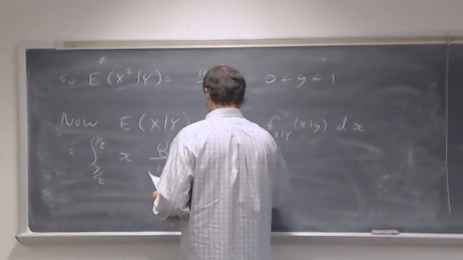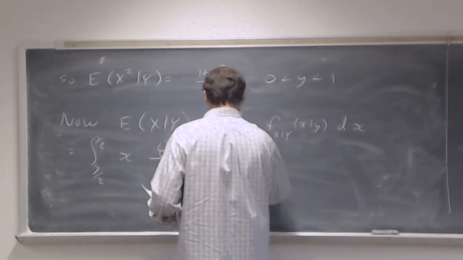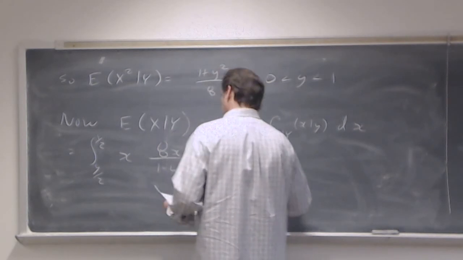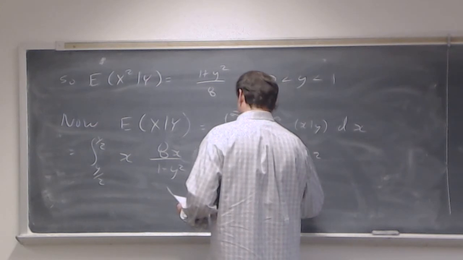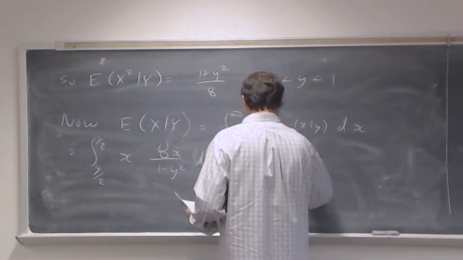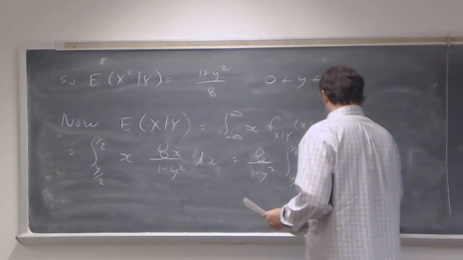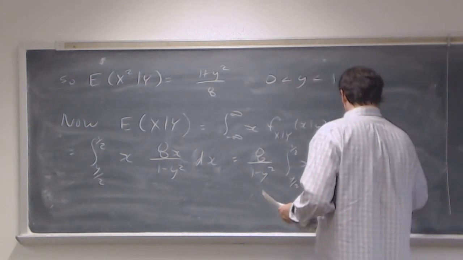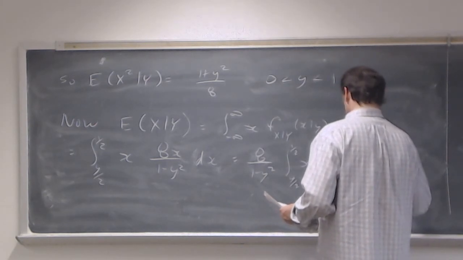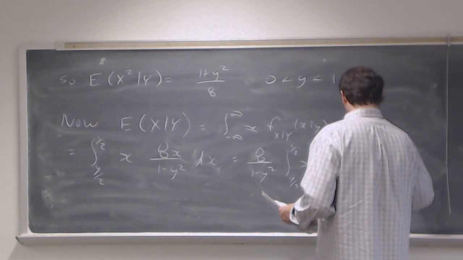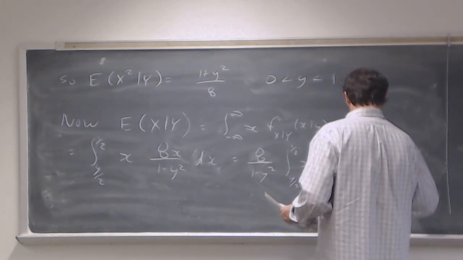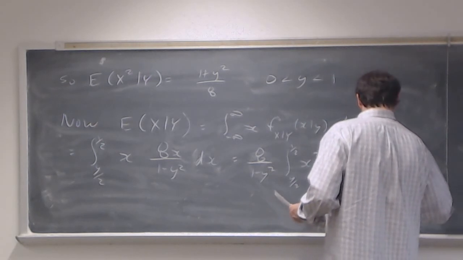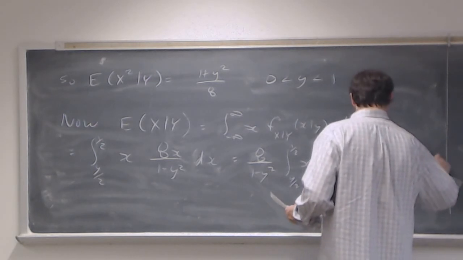So that ends up being 8 over 1 minus y squared, integral of x from y over 2 to 1/2 dx, which is equal to 8 x squared over 2 times 1 minus y squared, evaluated from y over 2 to 1/2.